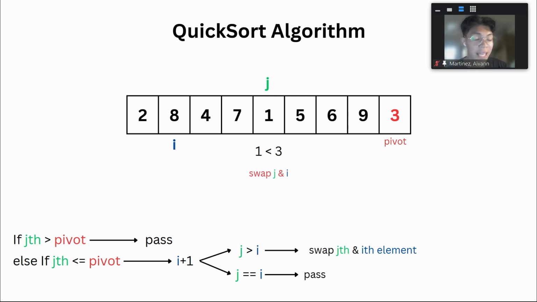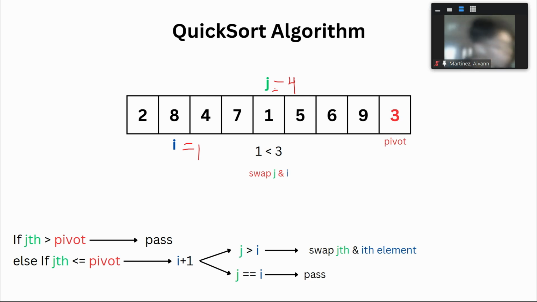So after iterating i, we have to ask again, is our counter j greater than our counter i? Since j is equal to 4 and i is equal to 1, this is true because 4 is greater than 1.